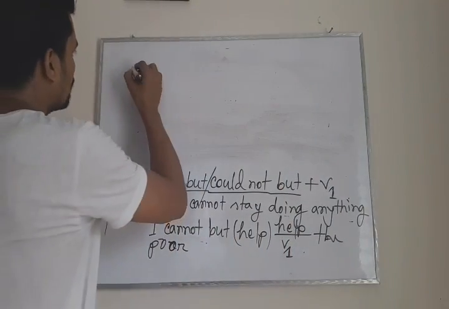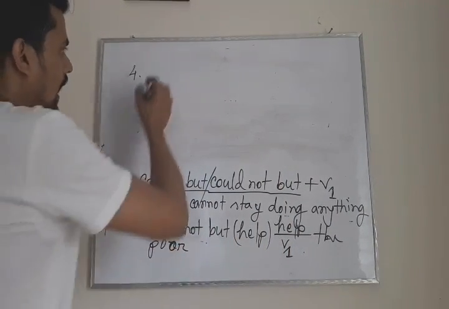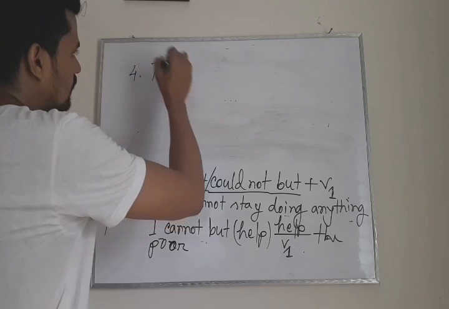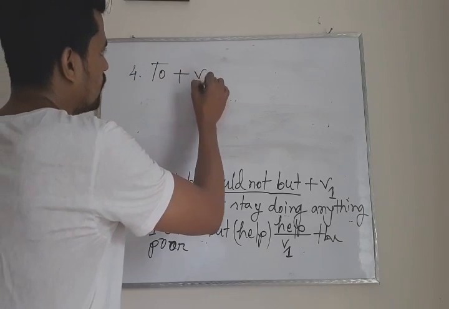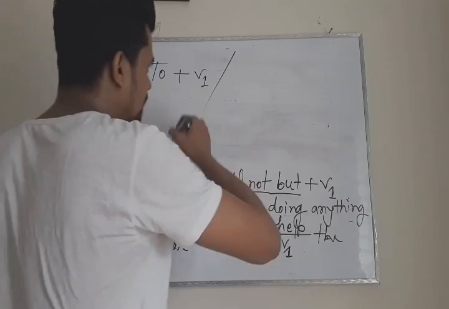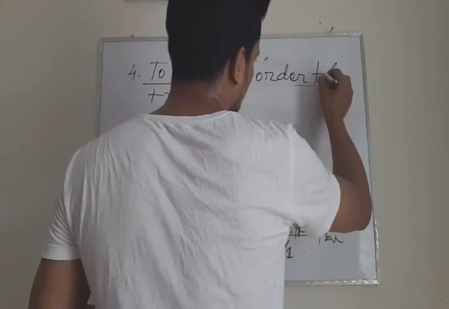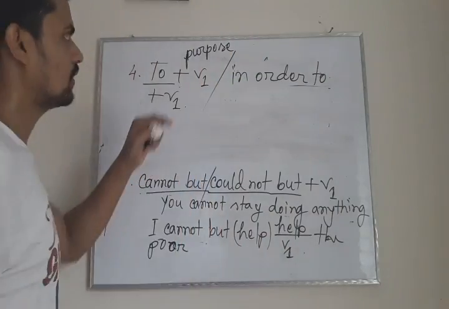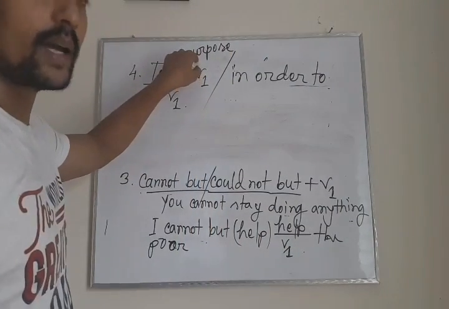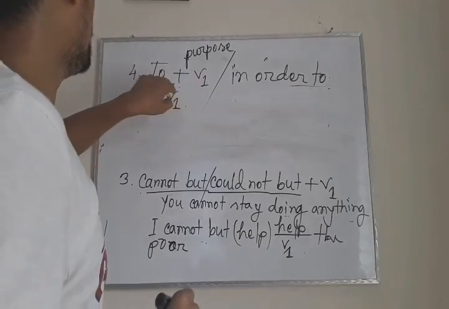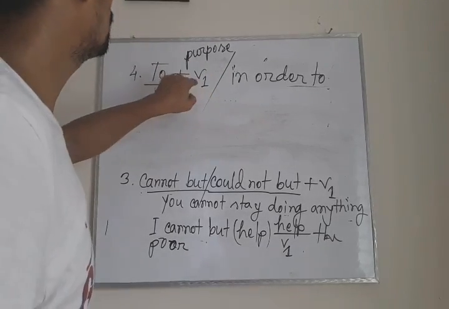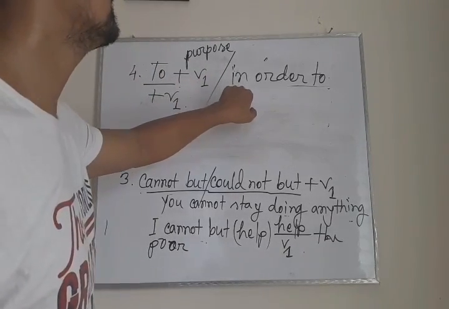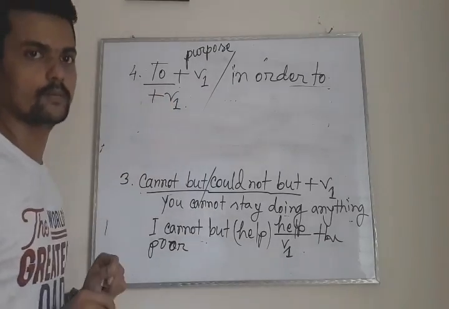Now number 4. After to, always the V1 form. There is another phrase, in order to, plus V1. It is for purpose. For purpose we use in order to and to. After to we use V1 and after in order to we use V1.